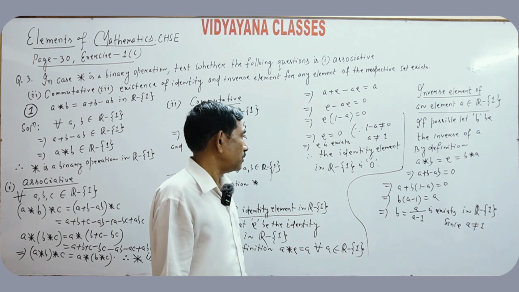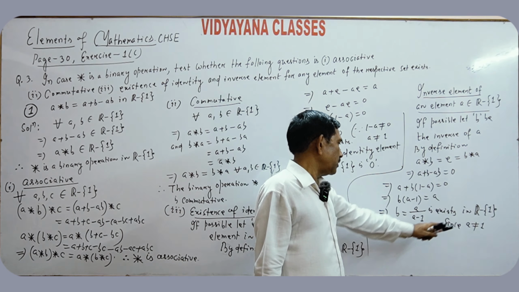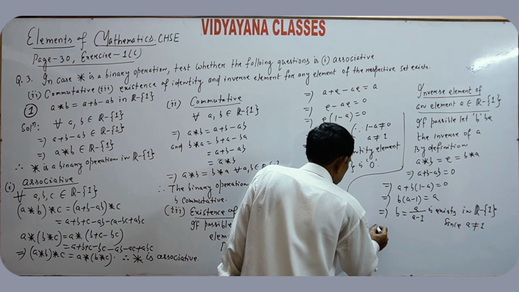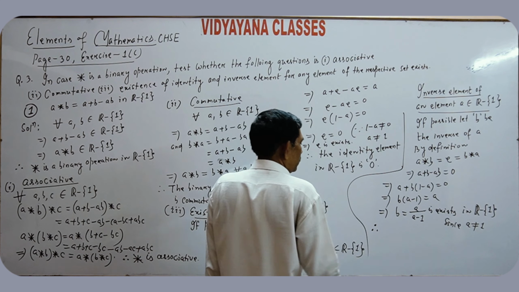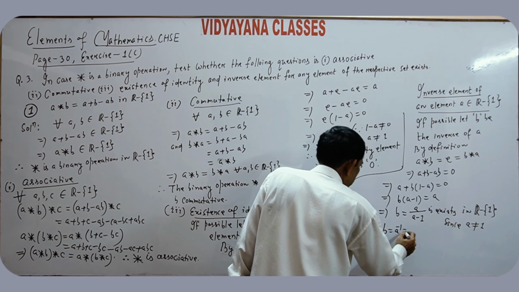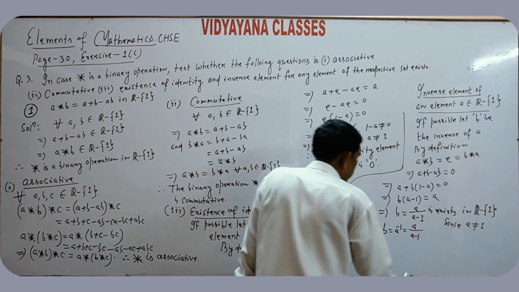Clear? If A is equal to 1, B does not exist, but it exists since A is not equal to 1. Therefore, B is equal to A inverse is equal to A divided by A minus 1.